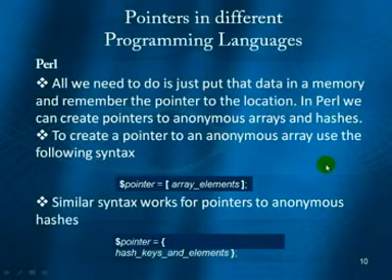What we have to do is to store that data in memory and remember the pointer to that specific location. We can create pointers to anonymous arrays and hashes in Perl. For this, we can use the following syntax for anonymous arrays, and this syntax can be used for anonymous hashes.